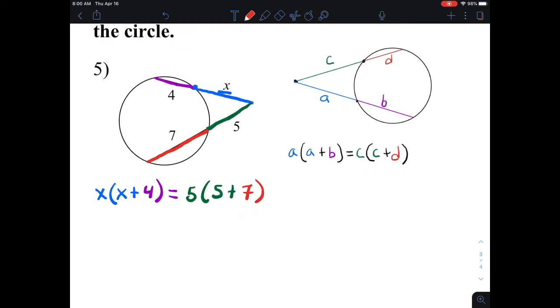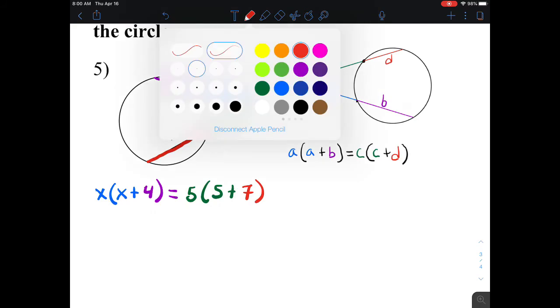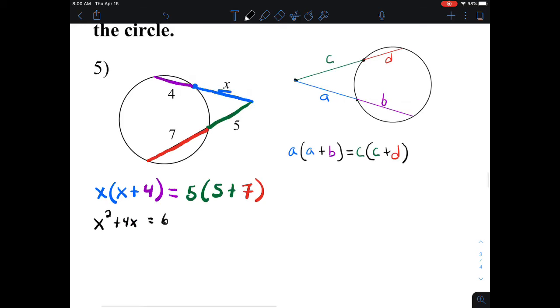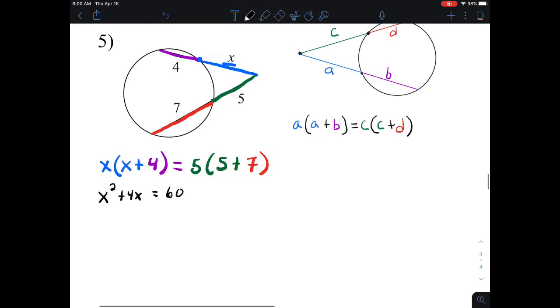Working our way to evaluate from here, x squared plus 4x is going to equal 60. I'd have to get everything on the same side, so we have x squared plus 4x minus 60 is equal to 0.